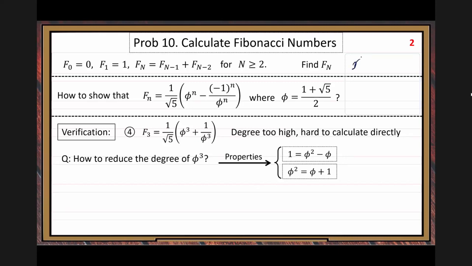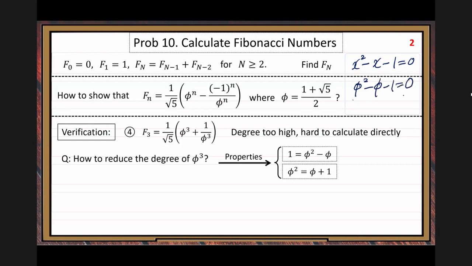From the quadratic equation x squared minus x minus 1 equals 0. The original quadratic equation for the golden ratio phi, if we plug in phi, it should be an equality, right? Phi squared minus phi minus 1 equals 0.